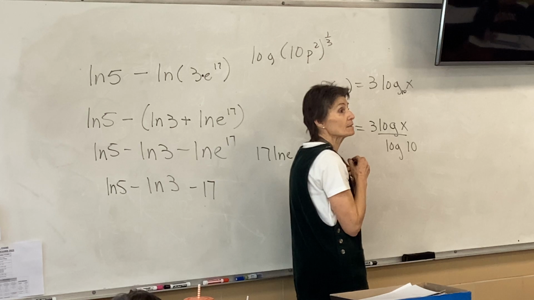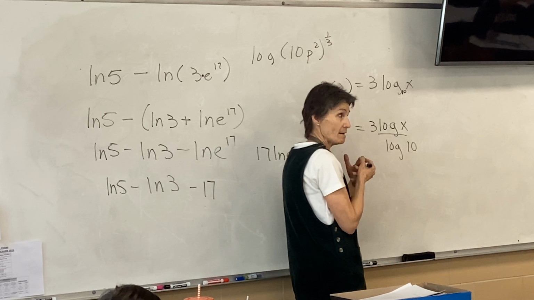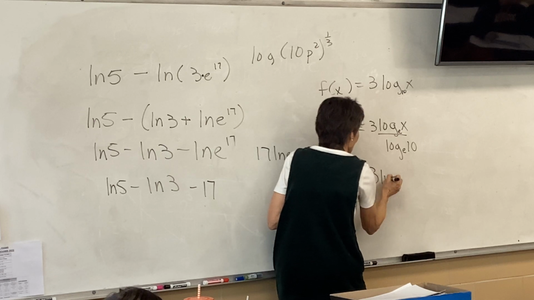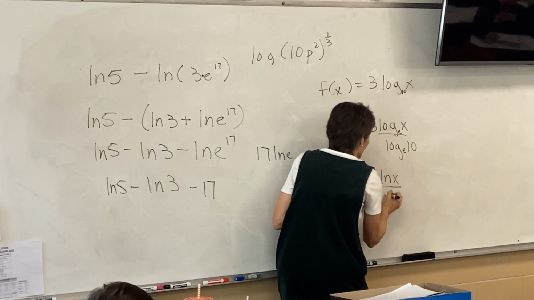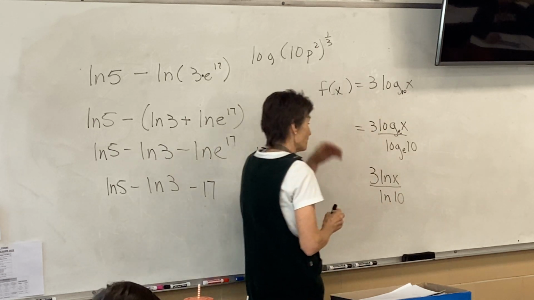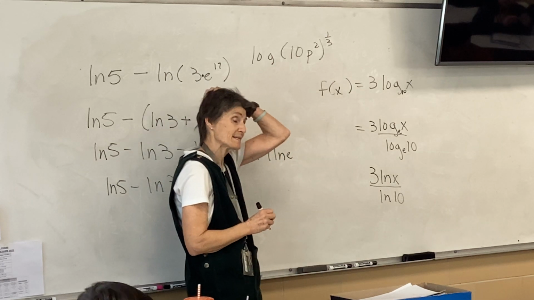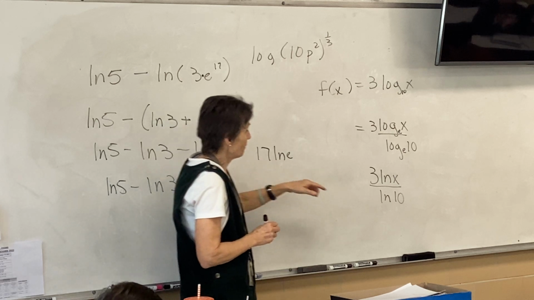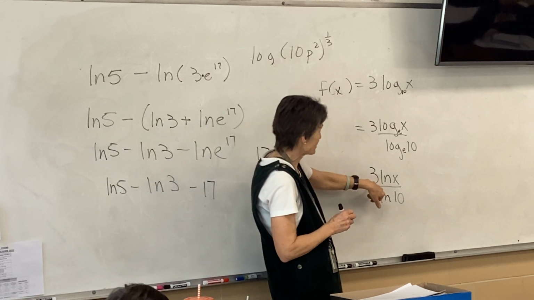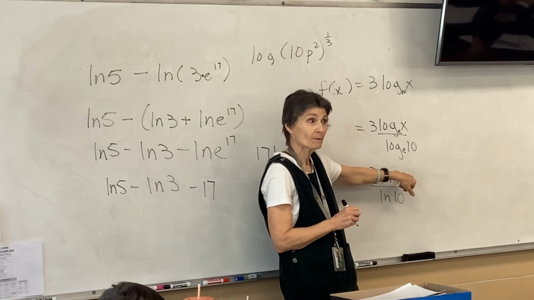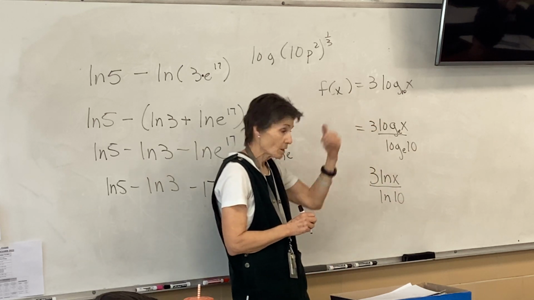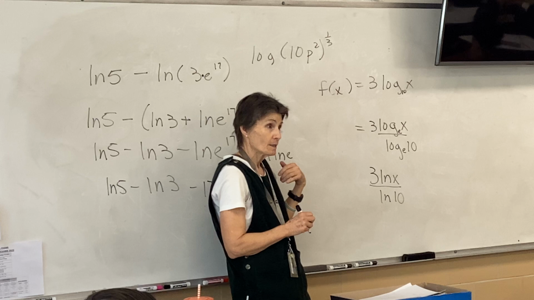I want e, so I'm going to make these e's. So 3 ln x over ln 10. So if that's what you have, remember log base e is ln. You could also have put this 3 as an exponent up here and have ln x cubed over ln 10.